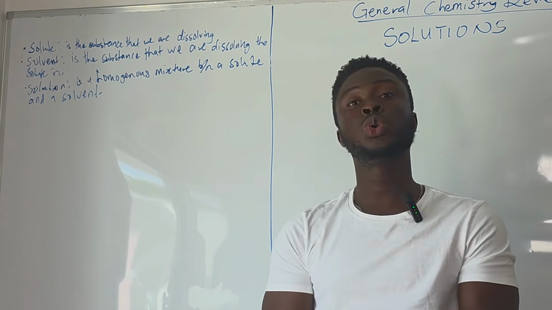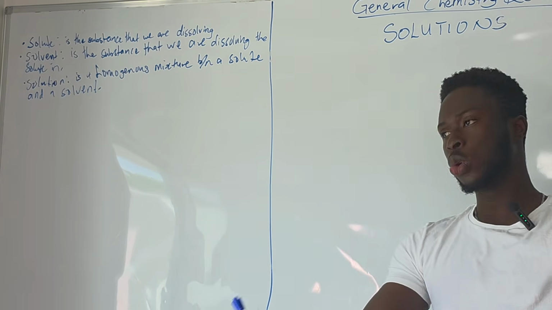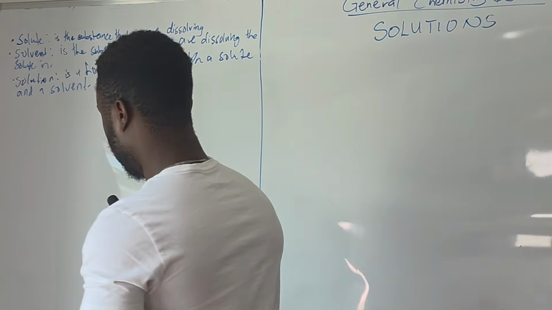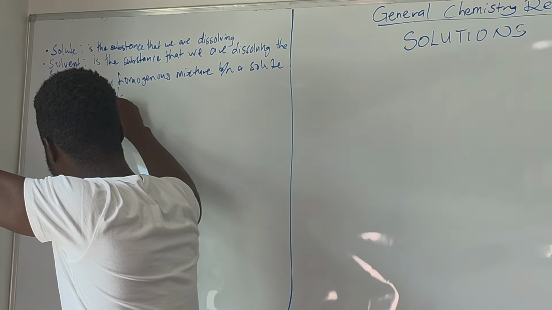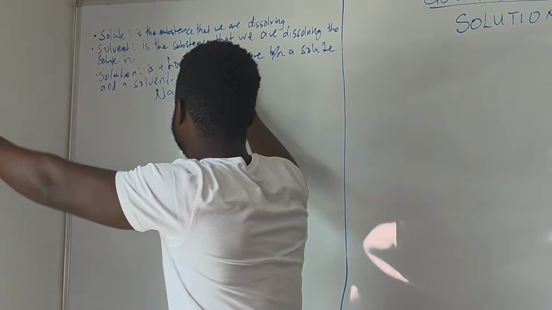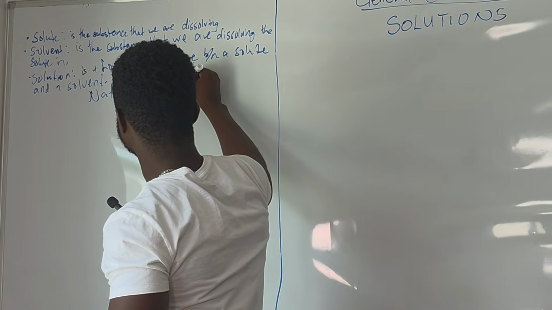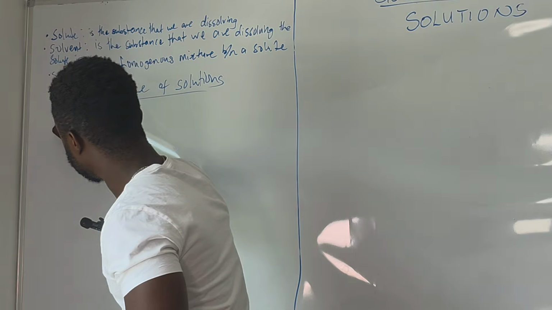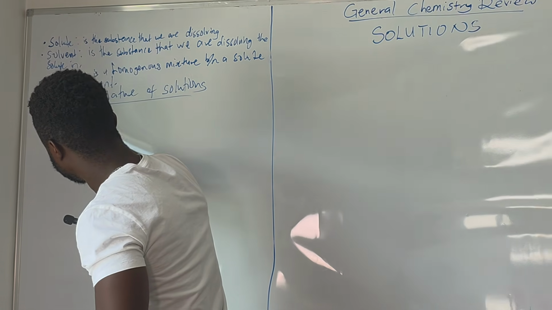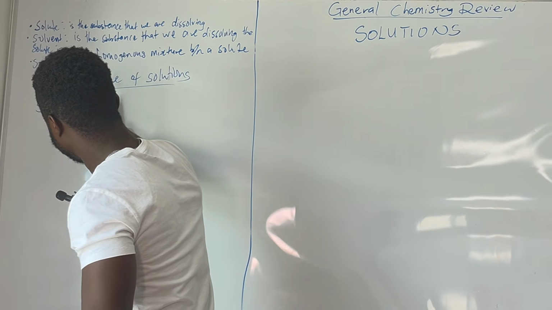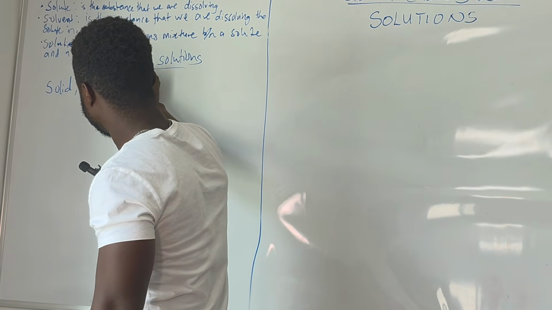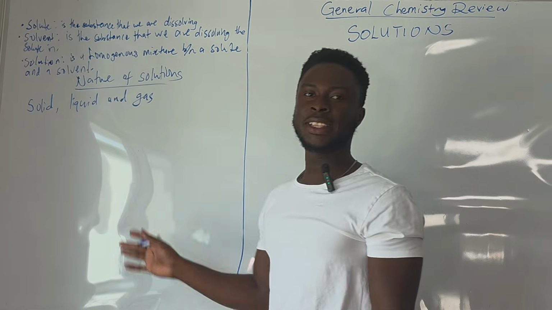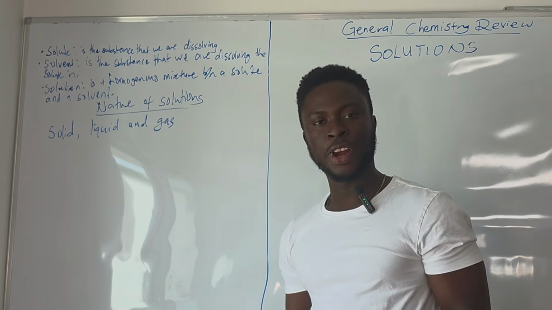Now, this leads us to the types or the nature of solutions that we have. Let's write the nature of solutions here. Since we have three states of matter, which are solid, liquid, and gas, we can combine some of these to form different solutions.